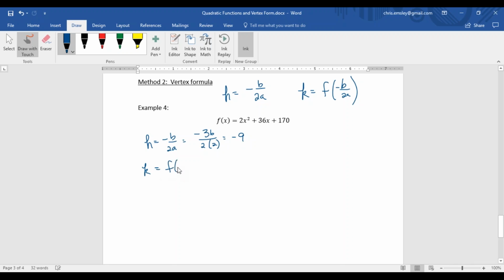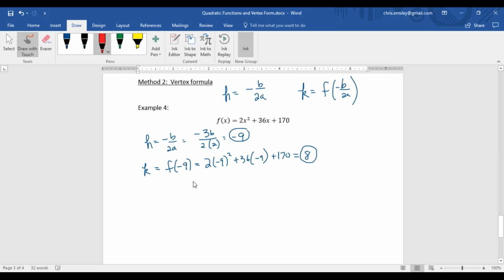And then we take that negative 9 and plug it into our function in place of x. Take that and plug it into your calculator. It turns out to be 8. So using these two pieces, we can build our function in vertex form.